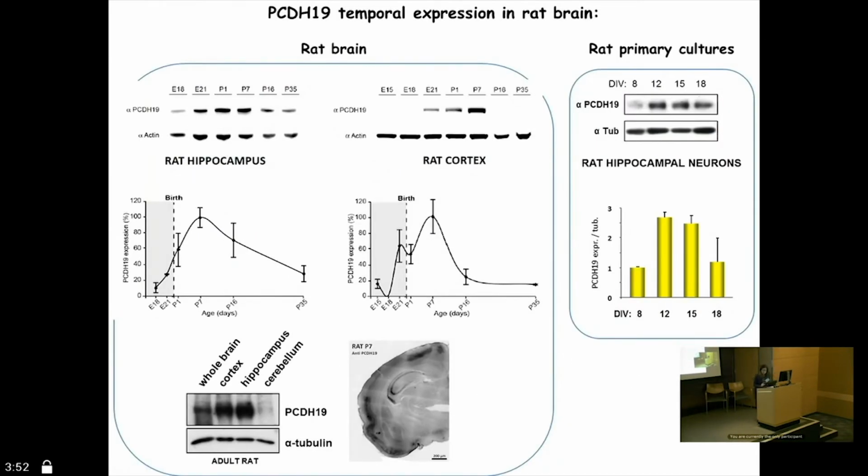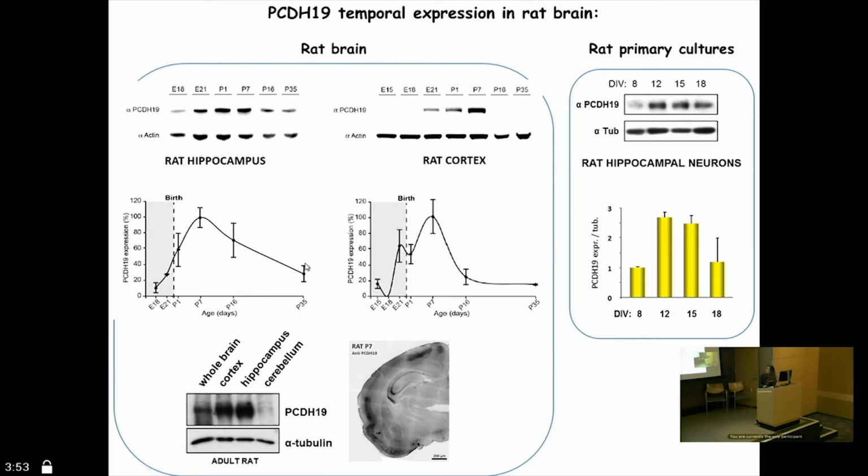We don't know too much about the molecular function of the protein, but what we found is that the protein is highly expressed in the brain, and in particular in cortex and hippocampus. As you can observe here, this is a homogenate from rat brain.